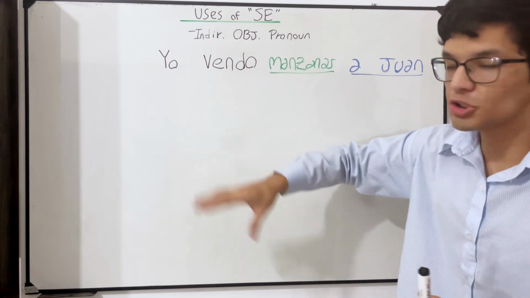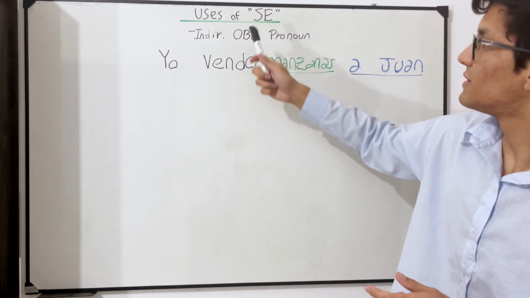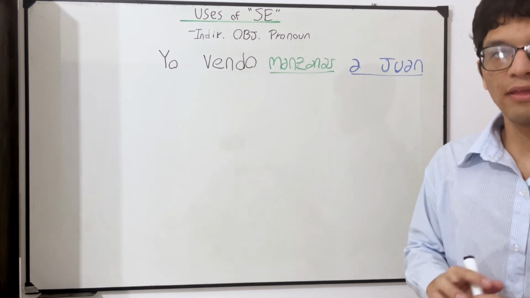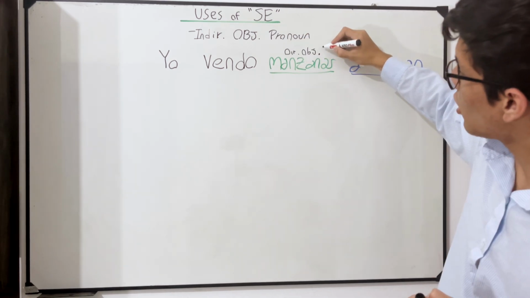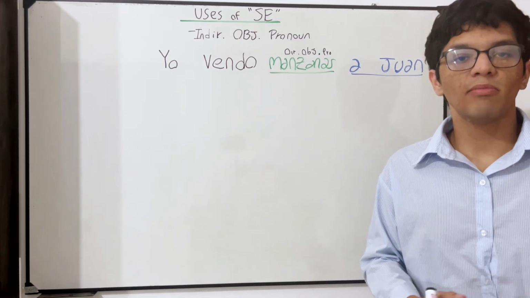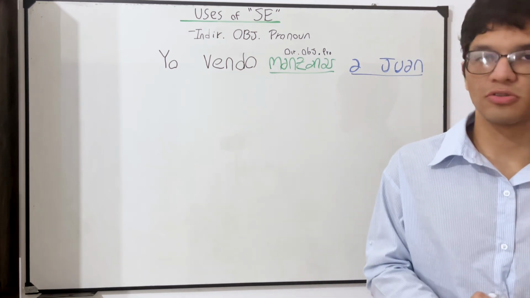So right here, before showing that and why it's so necessary to know this new pronoun se, I'm gonna tell you right here that we have two important things to know. The first is that manzanas refers to the direct object pronoun. Remember that the direct object pronouns are pronouns basically that refers to objects, that refers to things that receives the actions, okay?